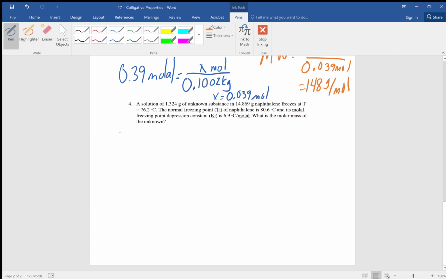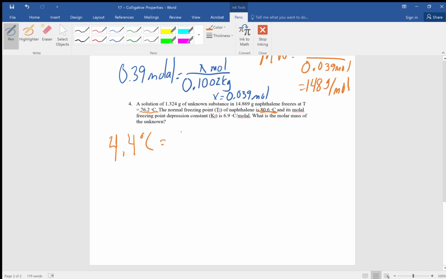Our fourth problem on this sheet is very, very similar. The only thing that really changes here are the amounts and the identity of the solvent. So we're going to go through the exact same steps, and we find the difference in the freezing point between the pure solvent of 76.2 and 80.6. Gives us a difference of 4.4 degrees Celsius.